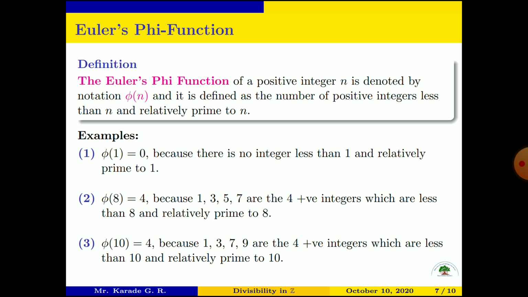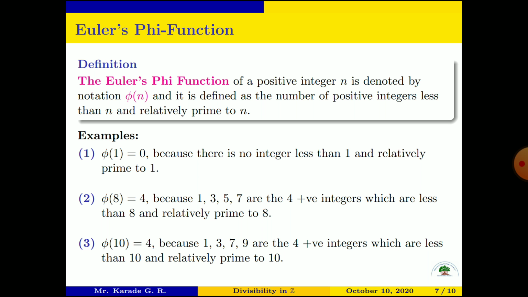Consider the second example, phi of 8. Euler phi function of 8 is equal to 4 because 1, 3, 5, 7 are the positive integers which are less than 8 and relatively prime to 8.